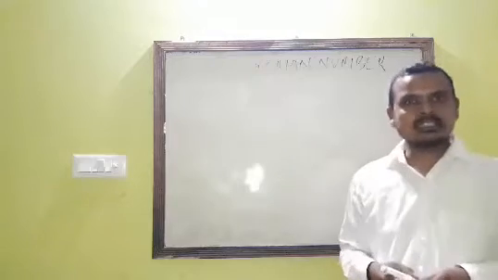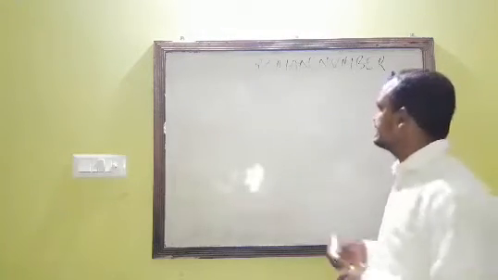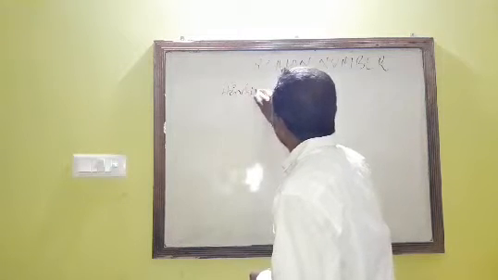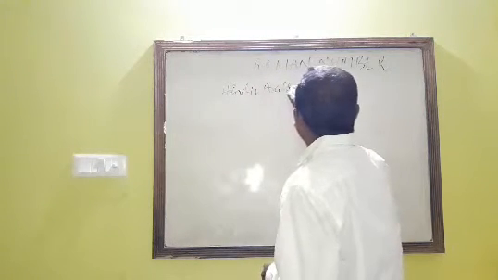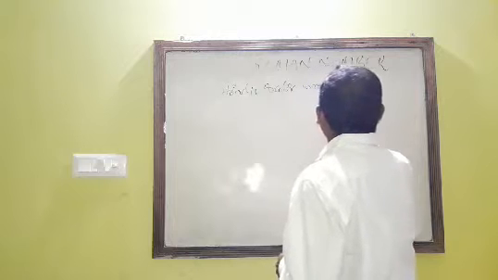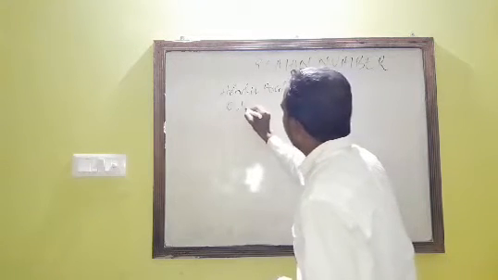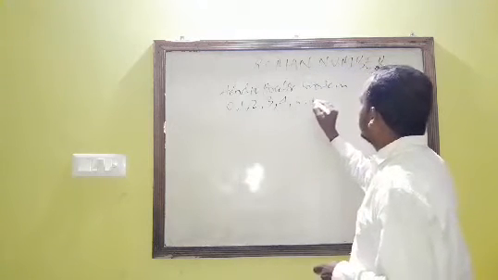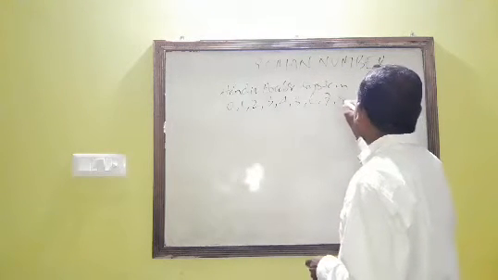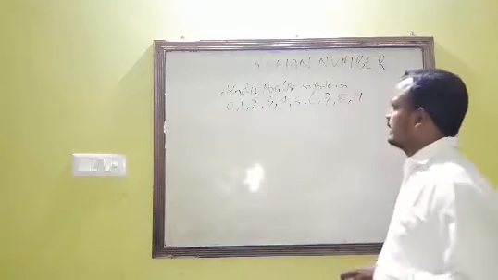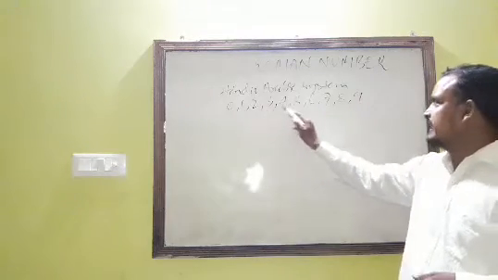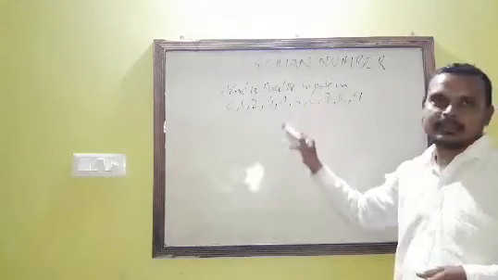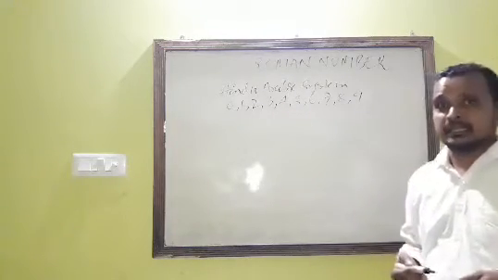And in the Hindu Arabic system you use the digits 0, 1, 2, 3, 4, 5, 6, 7, 8, 9. Okay? These are the 10 digits. And using the digits, you write many numbers in your daily life.